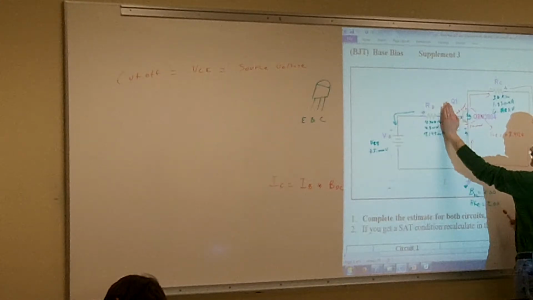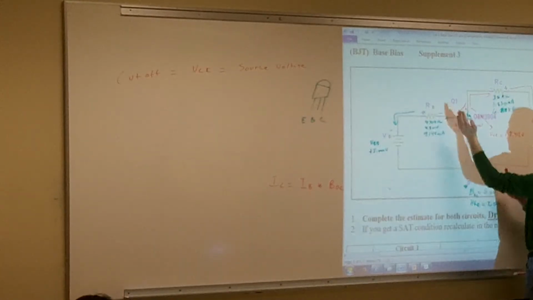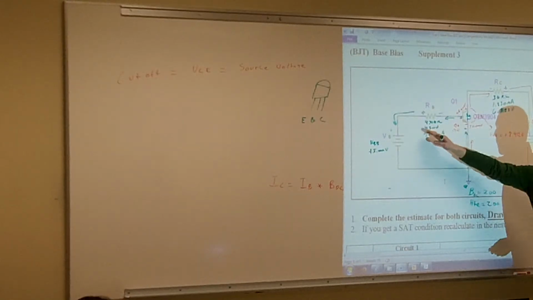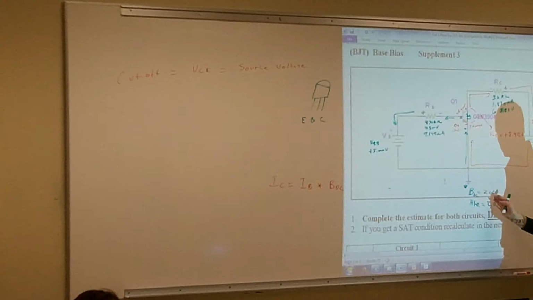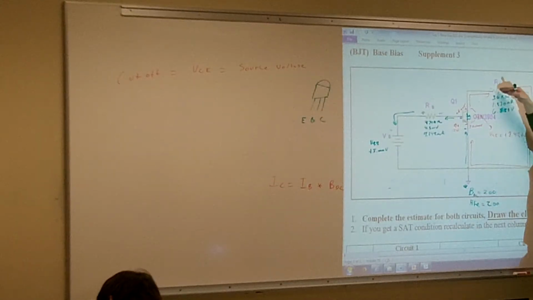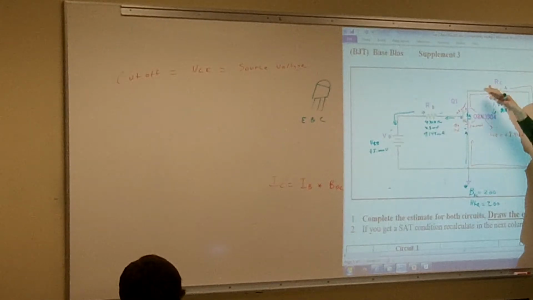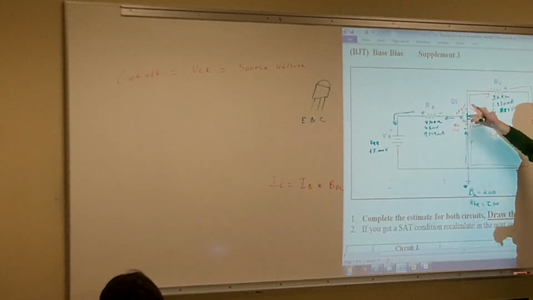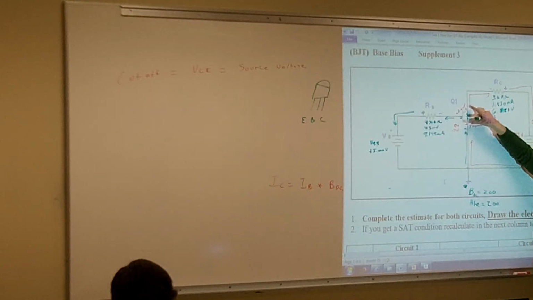If I don't bias the base resistor, I can put my transistor into what we call a cutoff. What it's going to do is, if I have zero current going into my base and I times it by 200, I'm going to get zero current going through my collector resistor, or my collector current. So then that means that my voltage across CE became open.